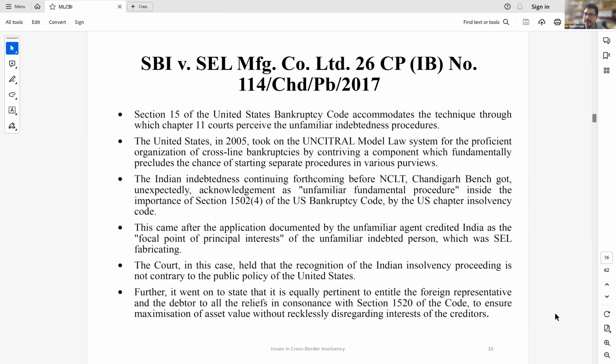The Bombay NCLT refused. They said that we do not have any cross-border insolvency framework, and we cannot recognize it. So in the Cell case, in the US, despite there being no cross-border insolvency arrangement, considering the principle of comity, the US Bankruptcy Court recognized the NCLT Chandigarh order.